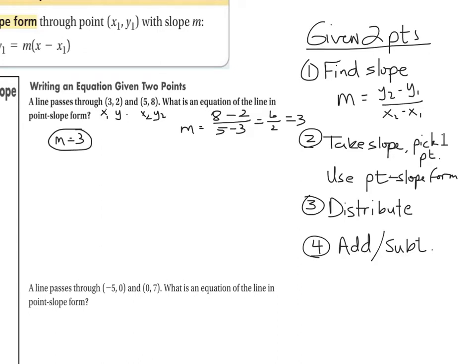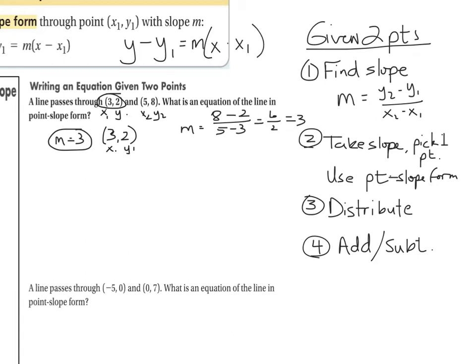And then I get to pick a point. I can pick whichever point I want to use. Because this one has smaller numbers, I'm going to pick the ordered pair 3, 2. That's x1, that's y1. If you remember point slope form, y minus y1 equals m times x minus x1.